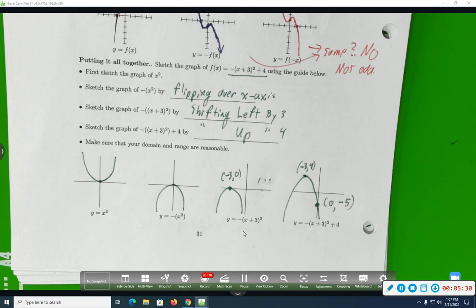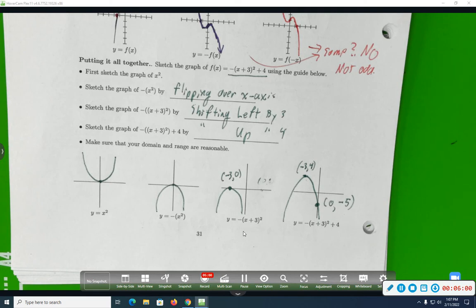Up by 2. And then flip over the y-axis and see if we get the same thing. The y-axis, x-axis. It's supposed to be 4 too. Up 4. Thank you. All right, so let's just see what happens.